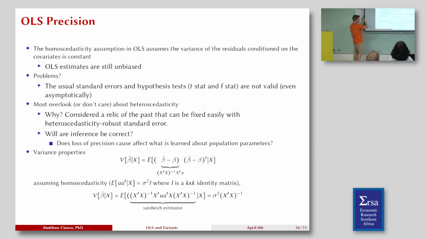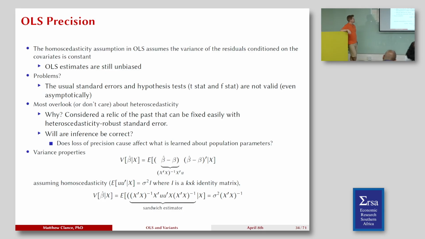So, like I said, I'm going to go through this a little bit quickly, because like I said before, it's seen as a minor inconvenience for the most part. It's not always looked at very closely.